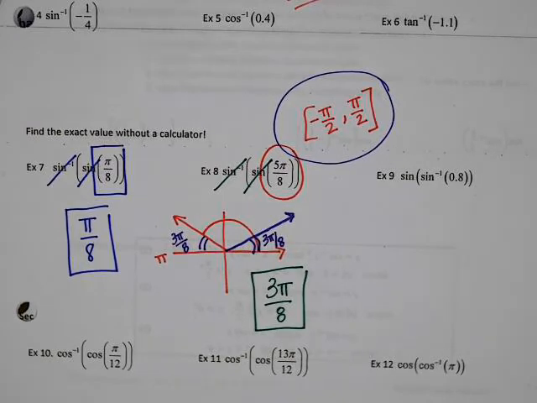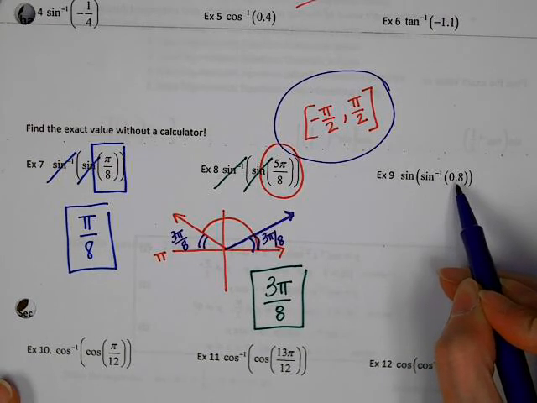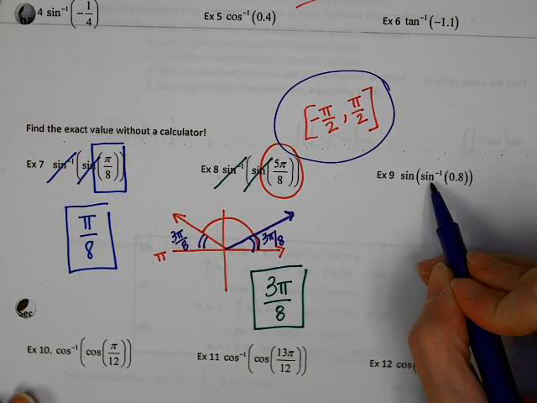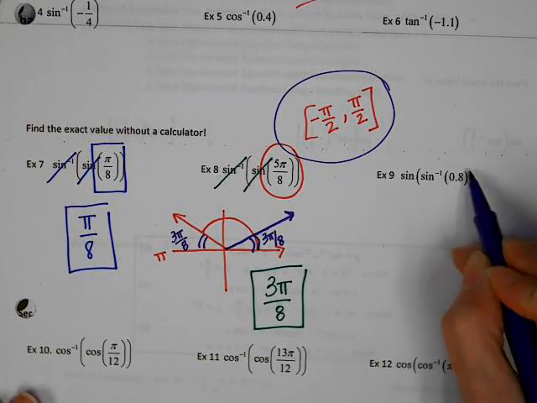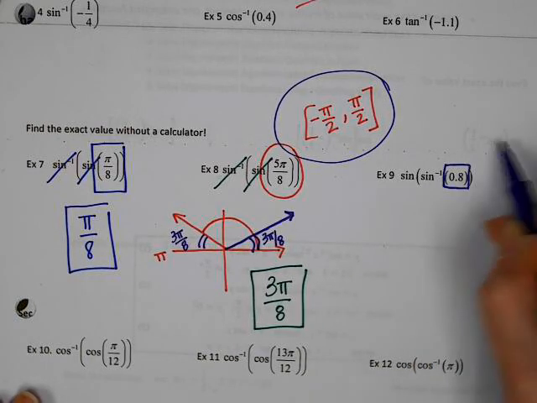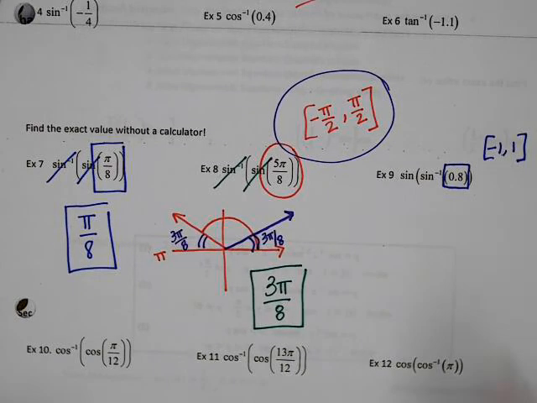Okay, now let's take a look at number 9. Now number 9 is actually backwards. The inverse is on the inside. Okay, so now when you look at the inverse sine, the domain, remember, has to be between -1 and 1. Okay, and 0.8 is, so we're good.